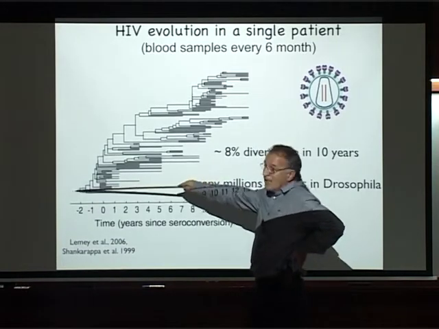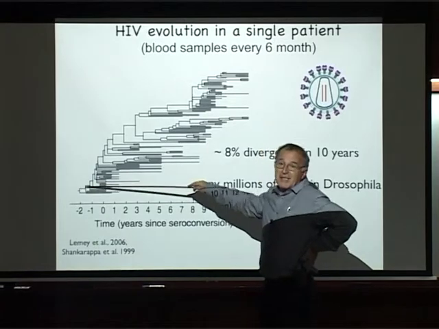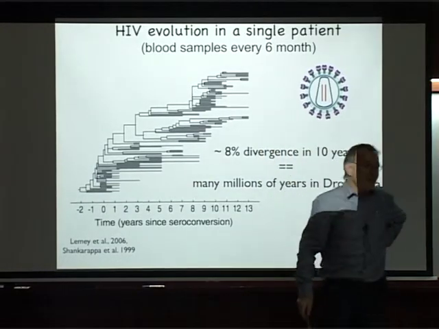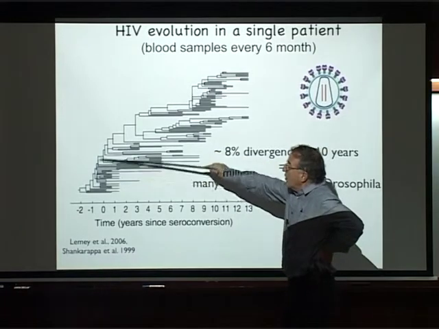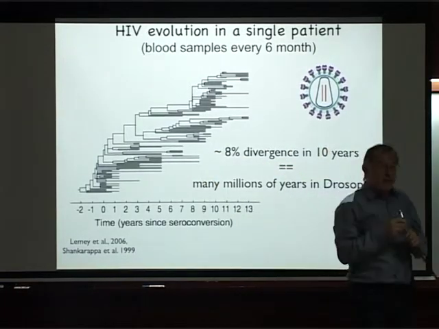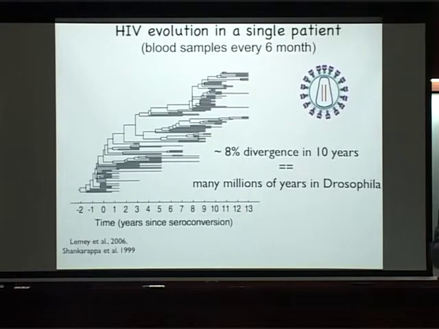So this tree is actually extrapolated backwards in time. So these samples weren't really taken. But nevertheless, early on, there was fairly little genetic variation among the viruses in the sample.